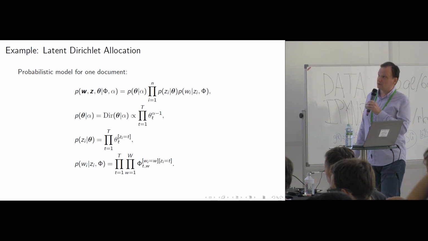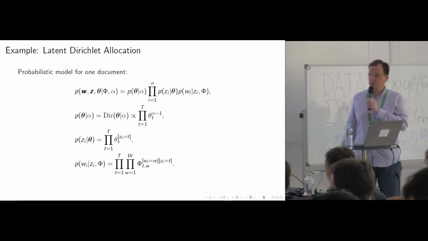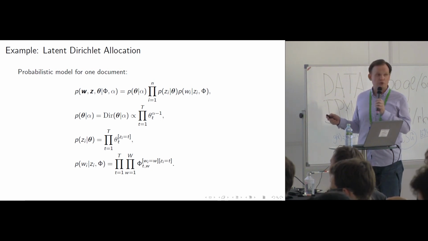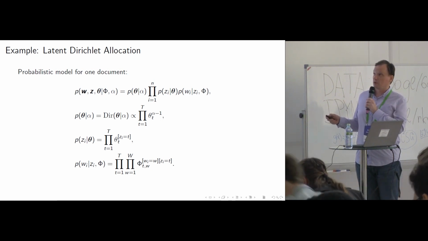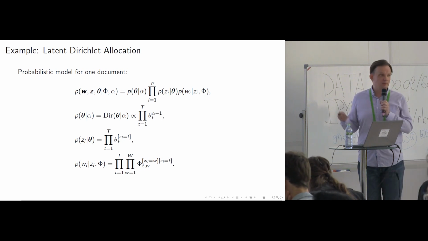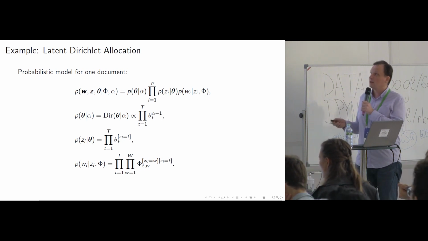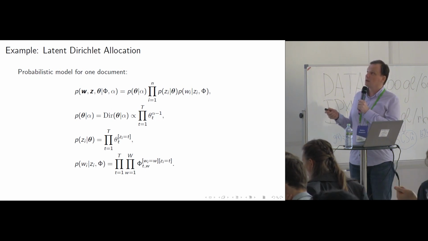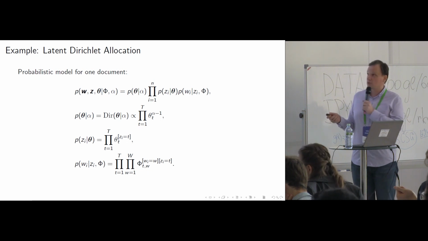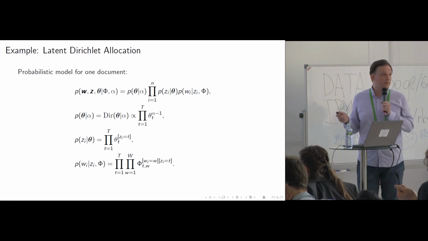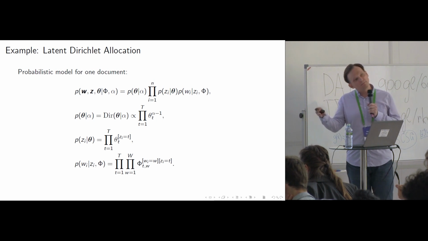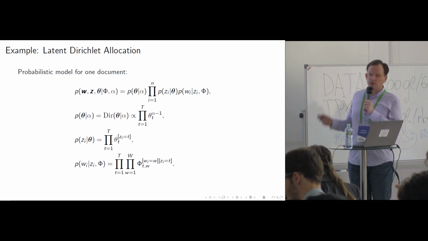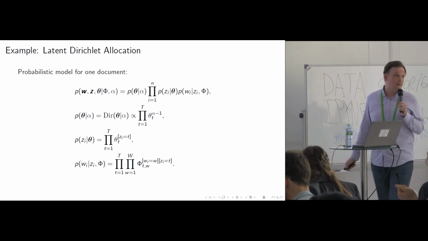In mathematical terms, if we consider just one document for simplicity, we come to the following probabilistic model. We start with the joint distribution over our document, the collection of words W that is observed in our training set, then hidden variables Z, the topic assignments, and theta, the probabilities of each topic in this document. We have two parameters: phi, the probabilities of each word in each topic, and alpha, which controls the prior distribution over theta.